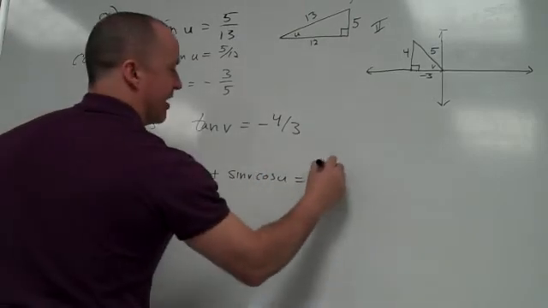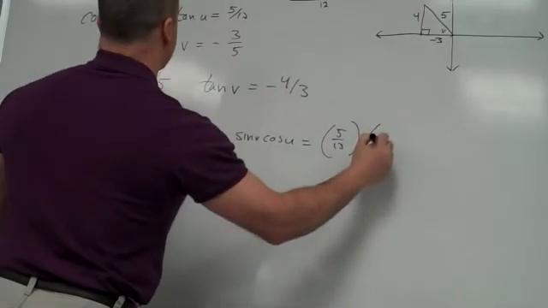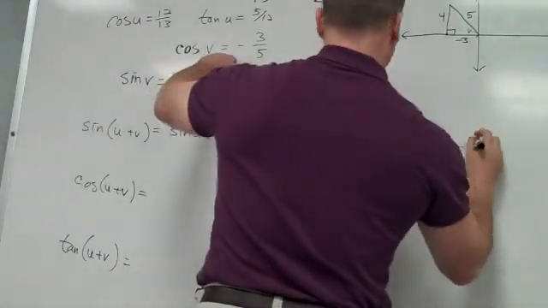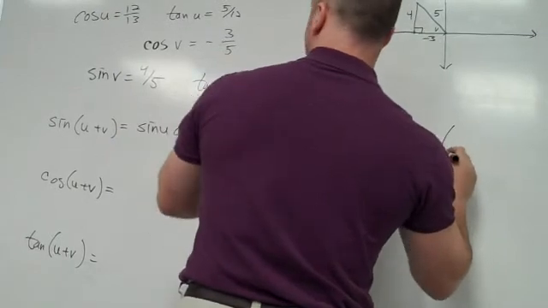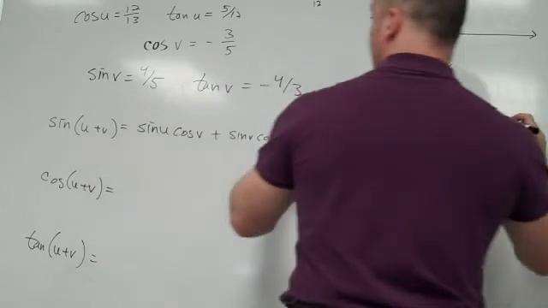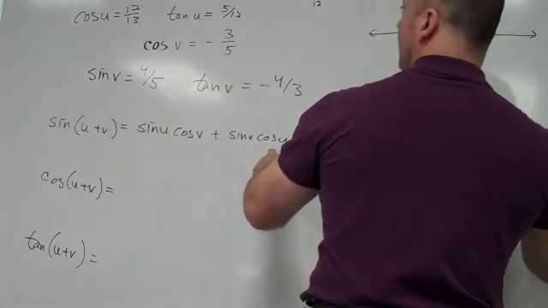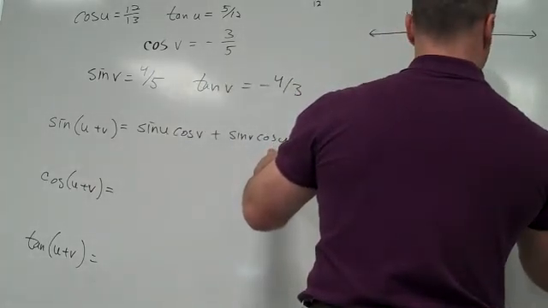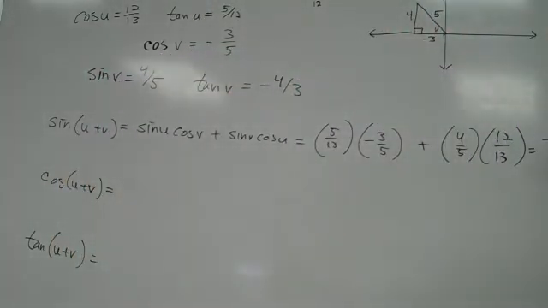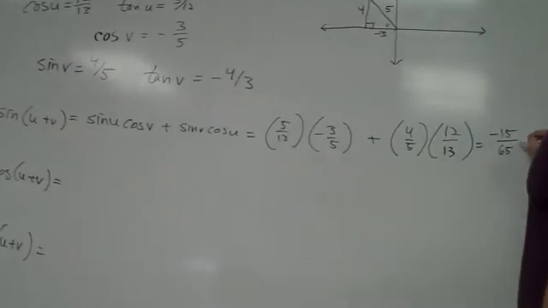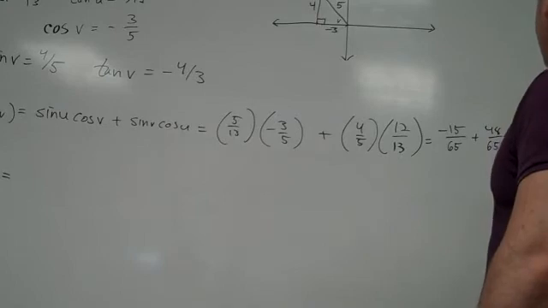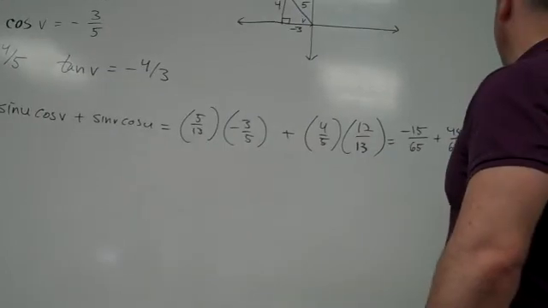So this is 5/13 times negative 3/5, plus sine of V, 4/5, cosine of U, 12/13. So that's negative 15 over 65 plus 48 over 65. So that final answer is 33 over 65.